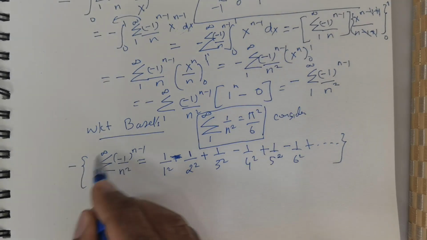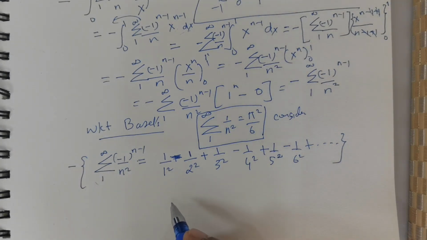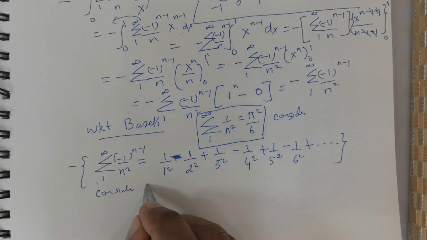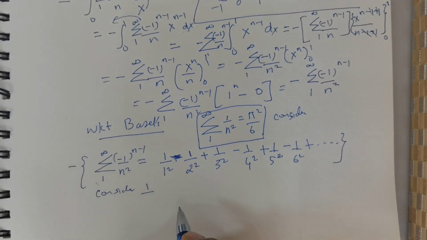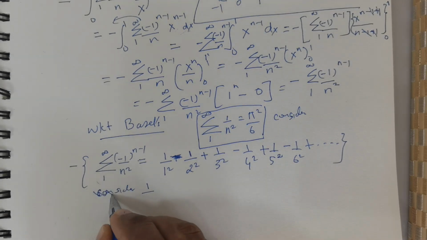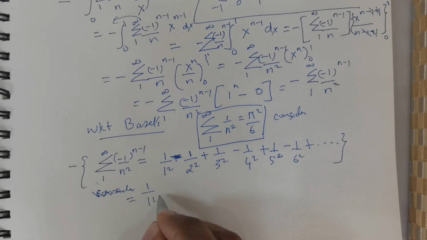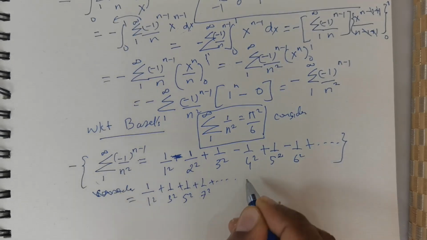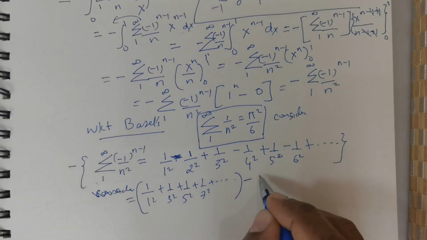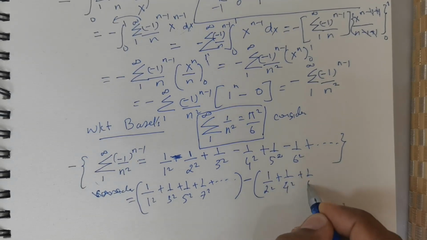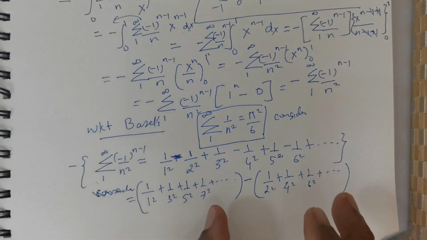Okay, now I need to evaluate this term. I can rewrite this like this: it is equal to 1 over 1 squared plus 1 over 3 squared plus 1 over 5 squared plus 1 over 7 squared plus etc., minus 1 over 2 squared plus 1 over 4 squared plus 1 over 6 squared plus etc. So odd numbers, even numbers.